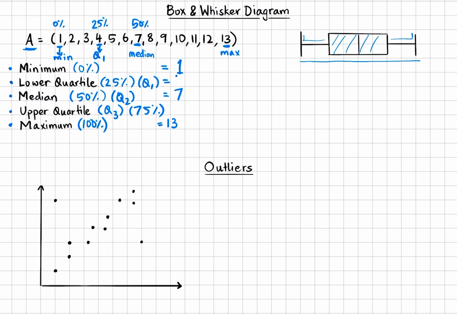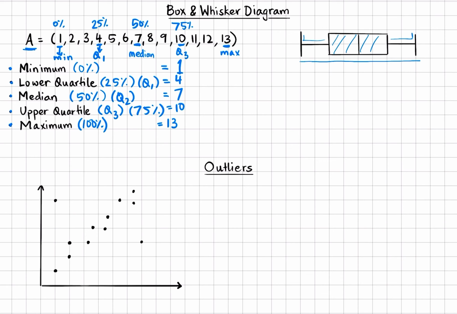Okay, so it's 4. And then the upper quartile is going to be the number that is in between the median and the maximum, which is the number 10. And that would be the 75% mark.